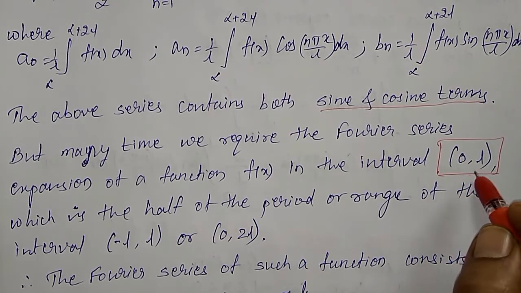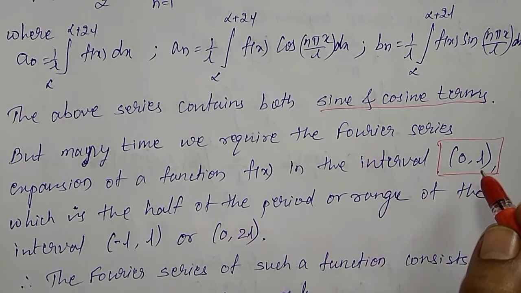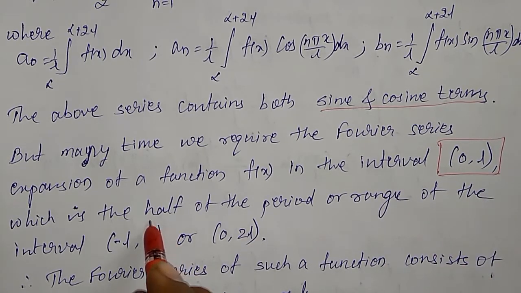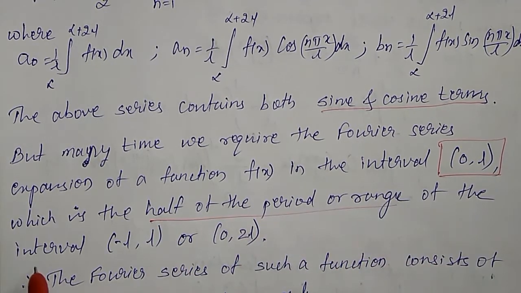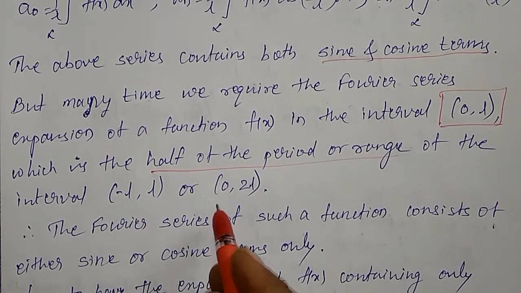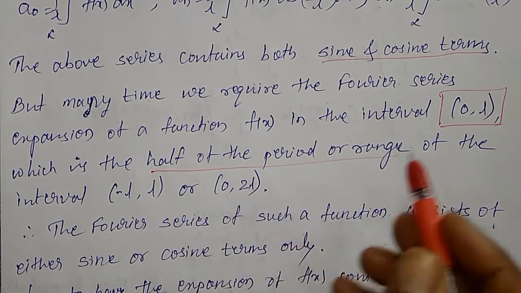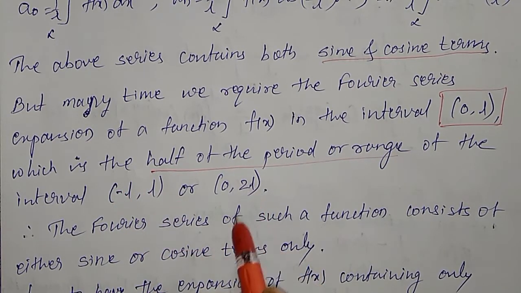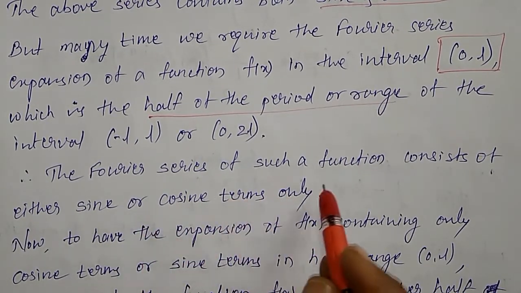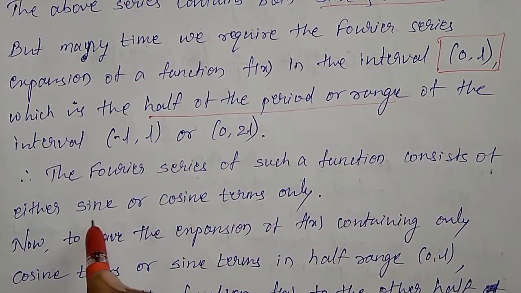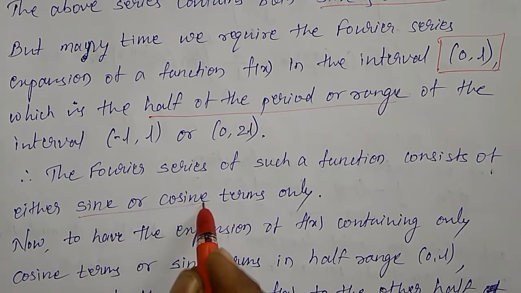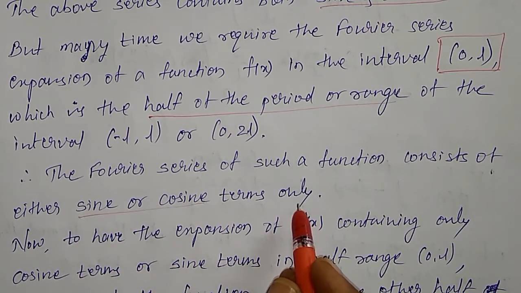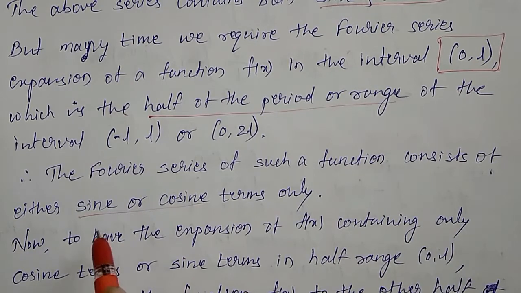We want to define a Fourier series only in 0 to l, which is half of the period or range of the interval minus l to plus l or 0 to 2l. Therefore, the Fourier series of such functions consists of either sine or cosine terms only. In half range, only the sine or cosine terms are defined.